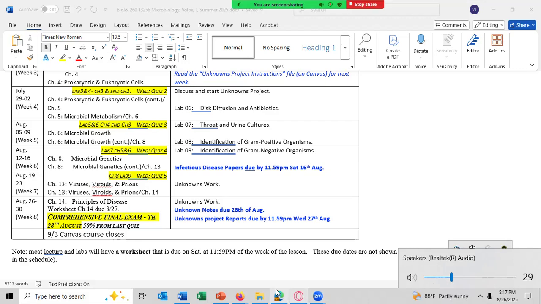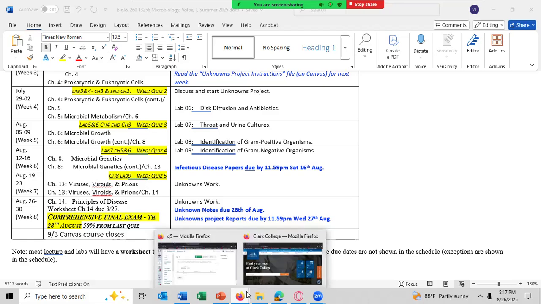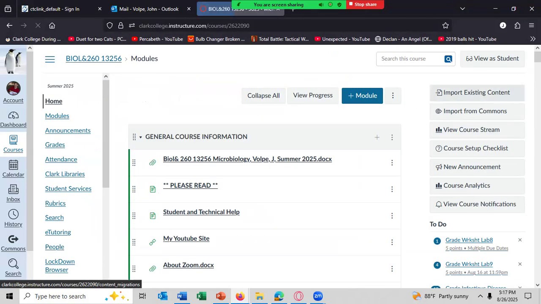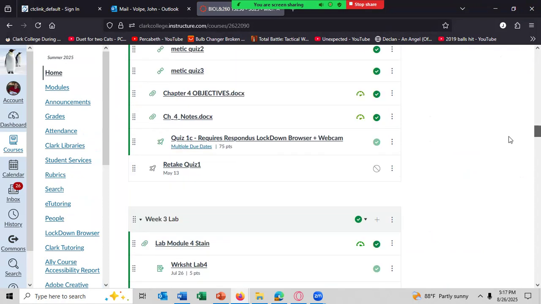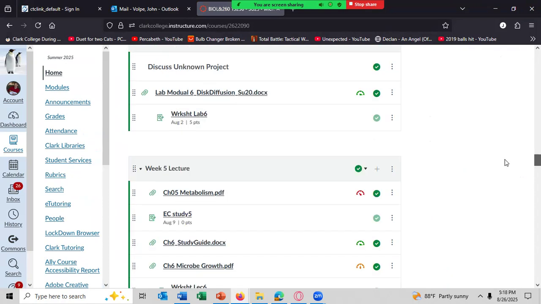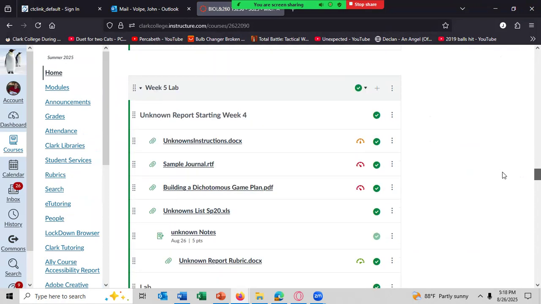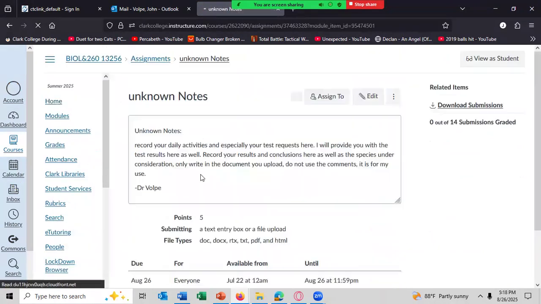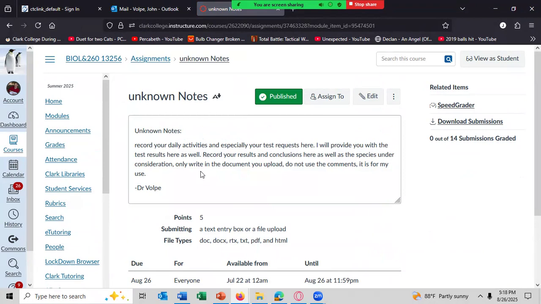Why don't I just go to that and then I can look it up. See if I mentioned everything that's supposed to be in the unknown notes pages. Your daily activities, obviously.